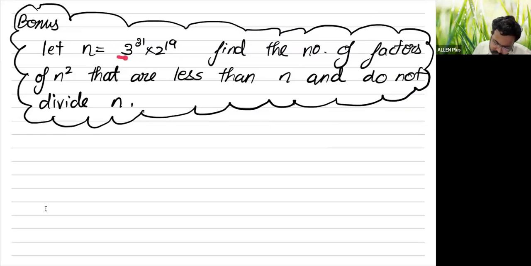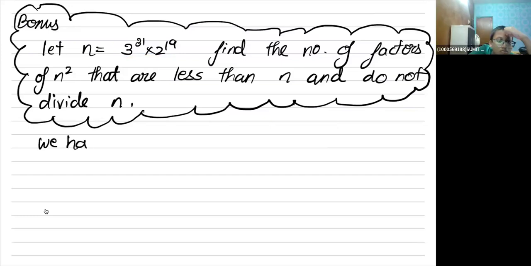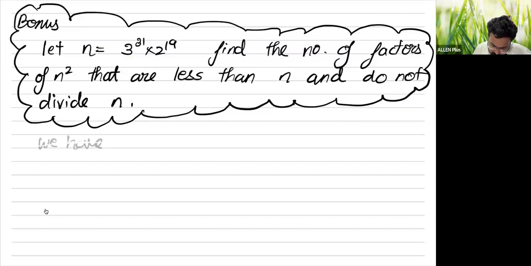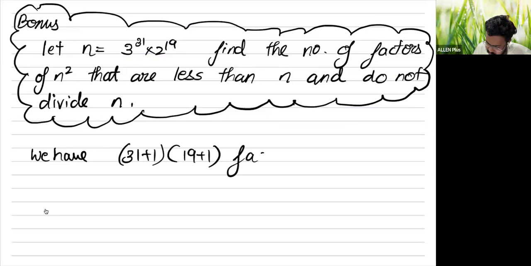Okay, the way to solve this question is, you have. Sir, is my answer correct for this bonus? Yashraj, very close, not correct, but you're one less than the correct answer. So we have (31 plus 1) multiplied by (19 plus 1) factors of n.